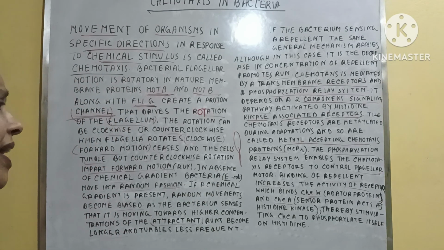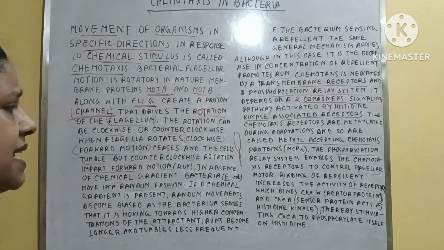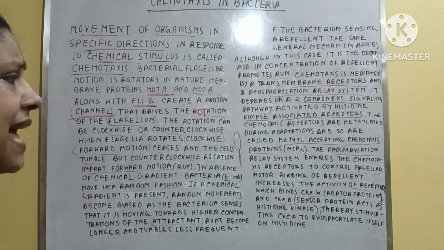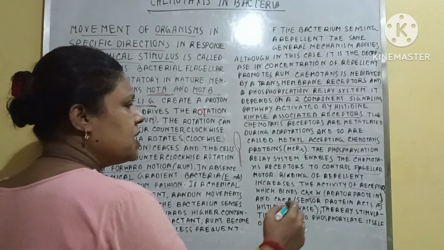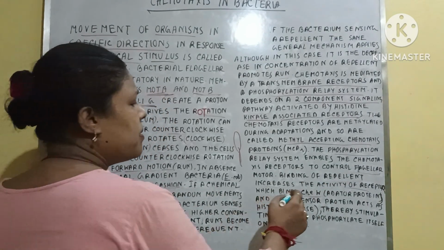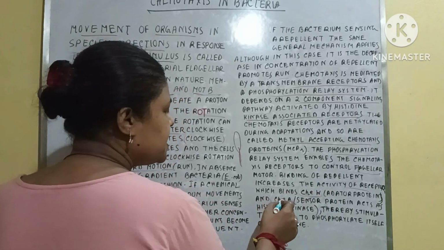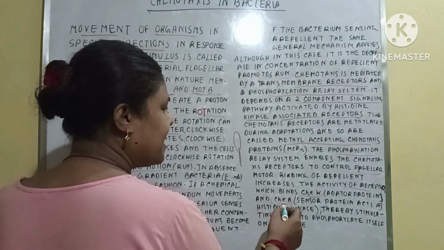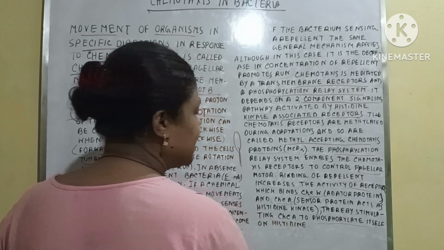When they bind with CheW and CheA, thereby stimulating CheA to phosphorylate itself on histidine. So what is happening here? Just the repellent binds and the activity of the receptor increases. At that time they bind with CheW and CheA. So when CheA becomes activated, it phosphorylates itself on histidine.